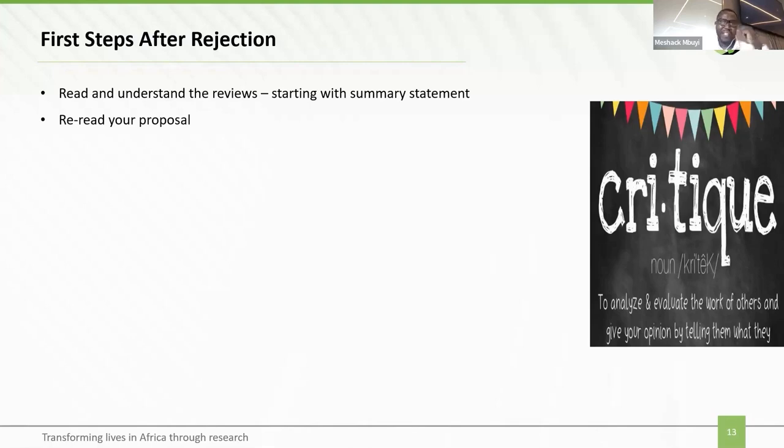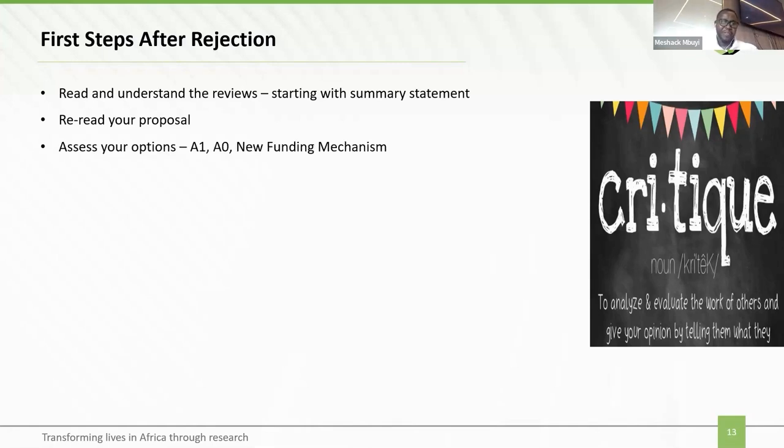Then reread your proposal again. Based on the reviews, you need to look at your proposal again and see, if they're giving me this comment, maybe they're saying there's a missing expertise. Then you go to the investigators section or research team section and look at who you had. But definitely in the reviews, they will tell you what expertise is missing. So you'll be thinking about, how can I get someone who can fill that gap? Then you need to assess your options.